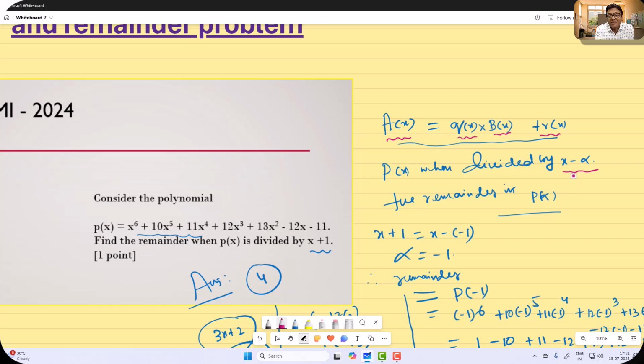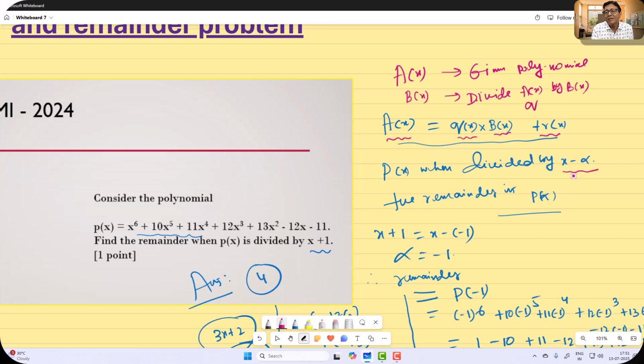Isn't it? a(x) is a given polynomial. You are dividing by b(x). I write again. a(x) is the given polynomial, b(x) is the polynomial you use to divide a(x) by b(x).